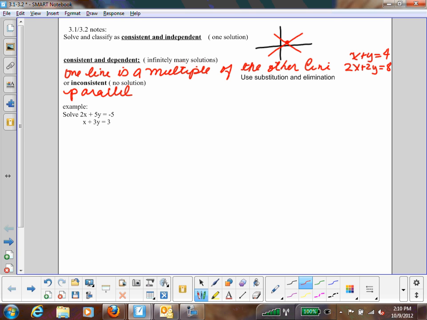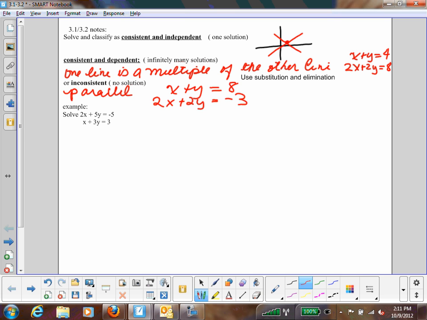So for example, I might give you a line that said something like, hold on a second, let me look for one. If I said, for example, x plus y equals 8, and 2x plus 2y equals negative 3.